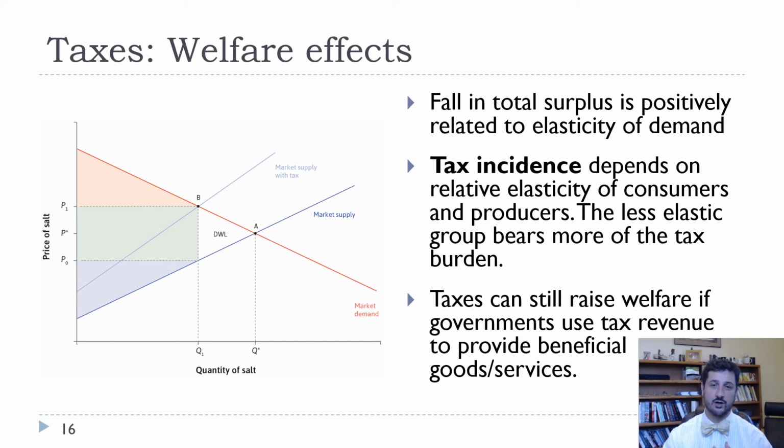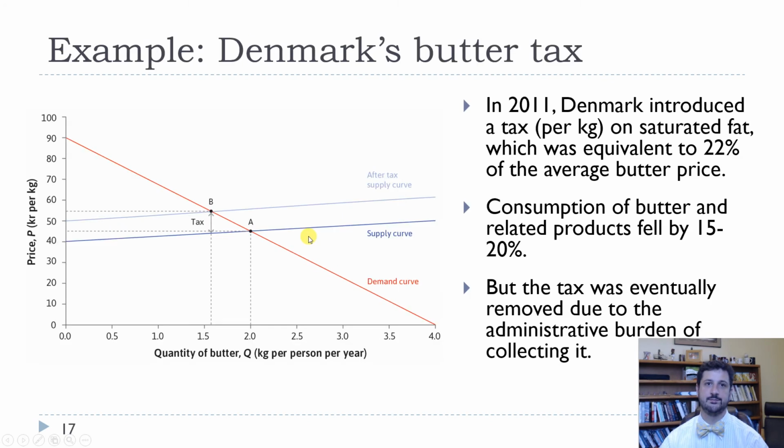So alcohol and cigarettes are taxed, and there's sort of a dual benefit there. One is that their demand is very inelastic, and so there's less of a deadweight loss, and also it encourages people to drink less and smoke less, which has positive health benefits.